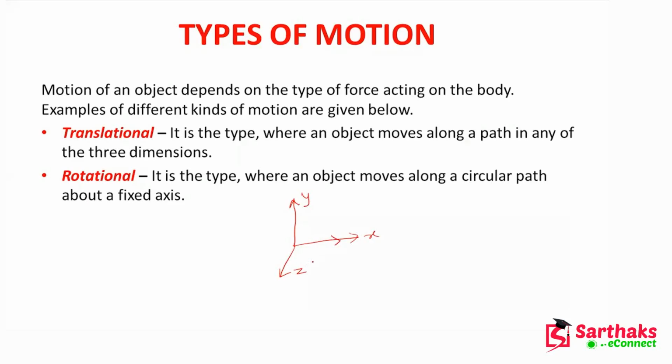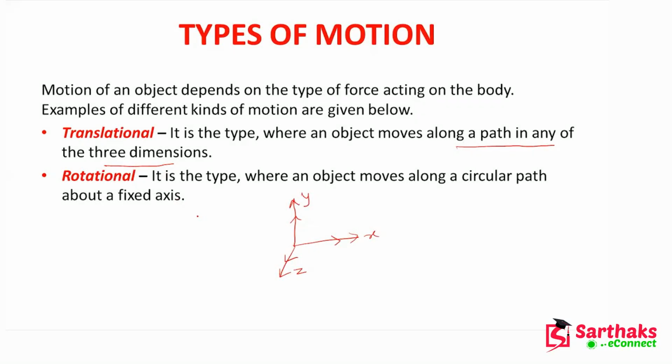Either I will move in this way, or this way, or this way. That means I have to follow any one direction of these three directions. I have to move along a path in any of the three dimensions, right?